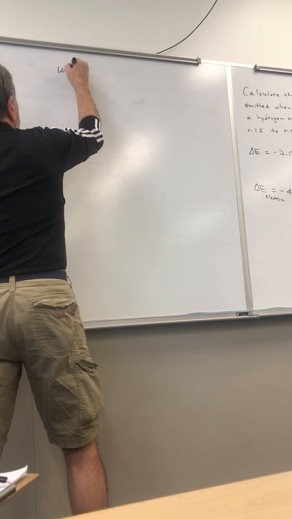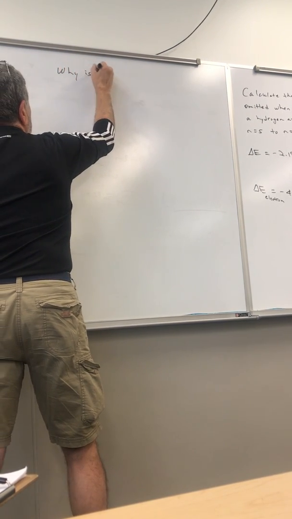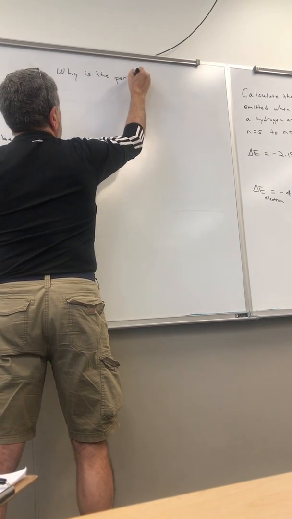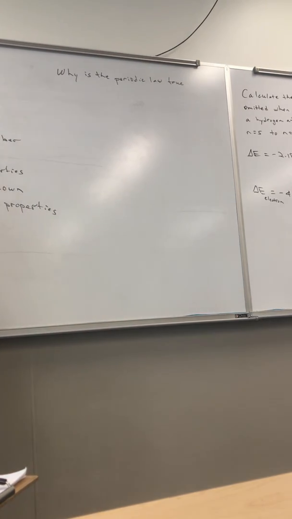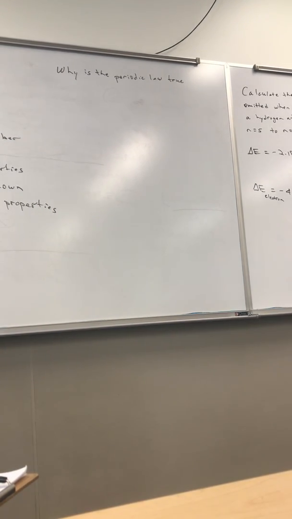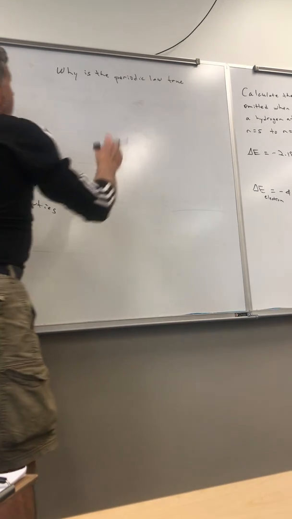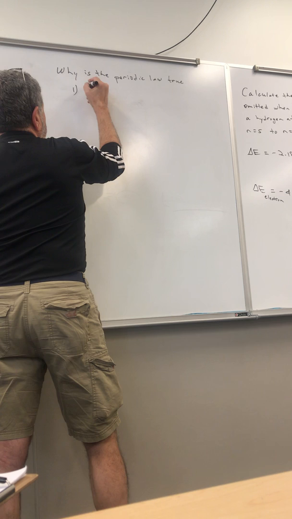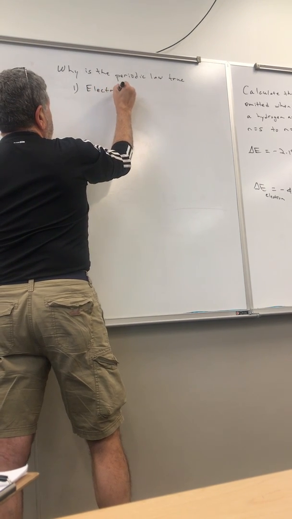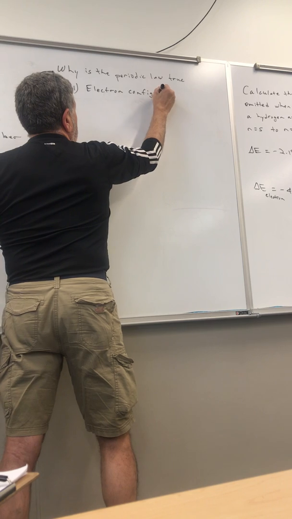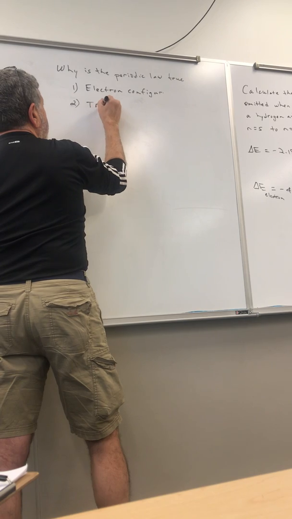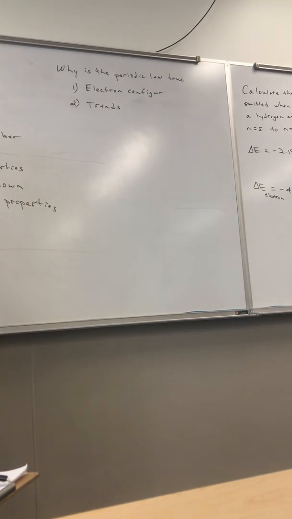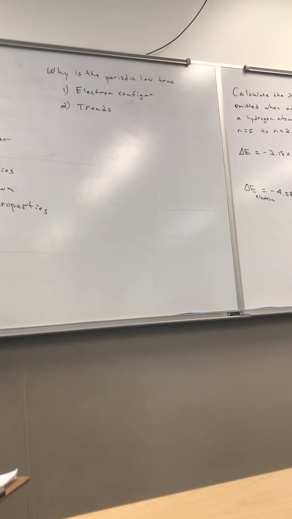So chapter 8 has to do with why is the periodic law true, or why do those patterns exist? So what we're going to examine is electron configuration, which will help us explain why, and certain trends that will help us explain why. So that's pretty much the important things from chapter 8.